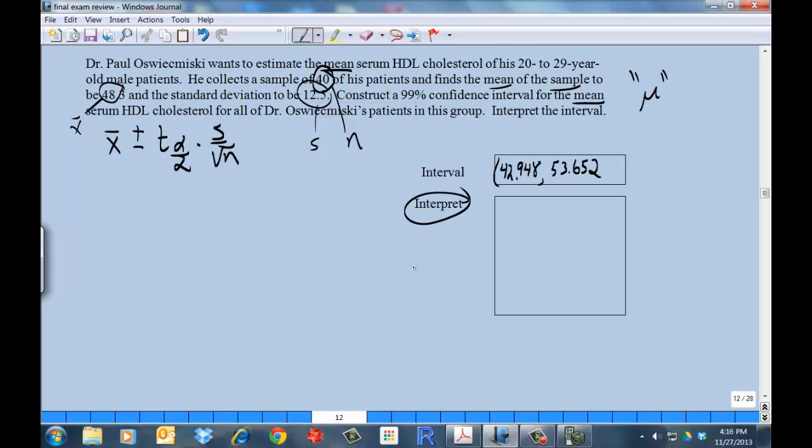And the interpretation of this is, we can say something like: the true mean serum HDL is somewhere between 42.948 and 53.652 with 99% confidence.